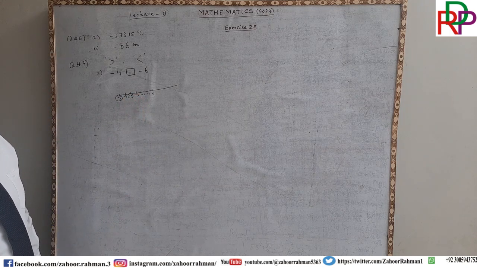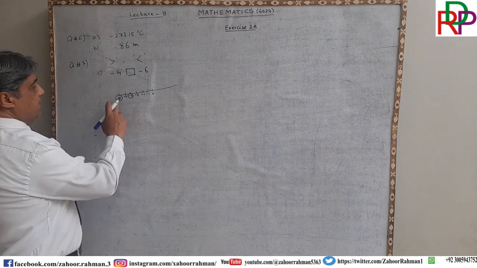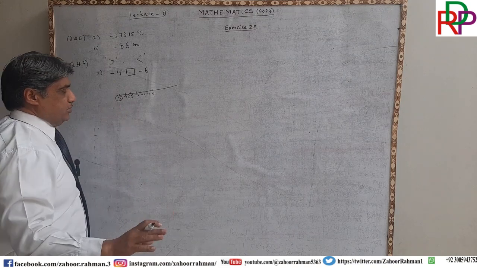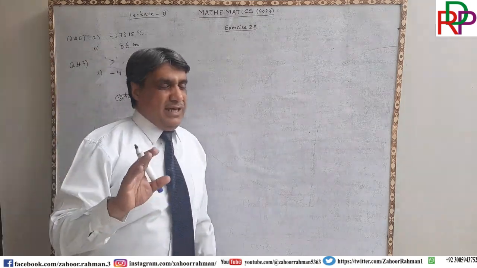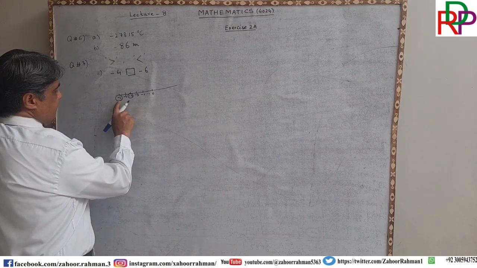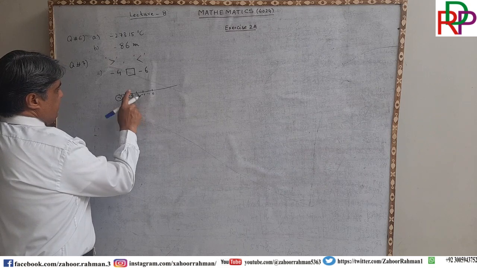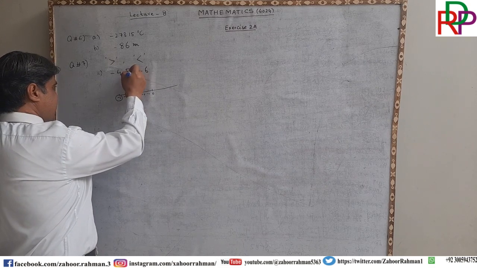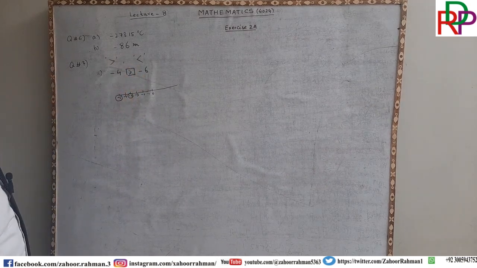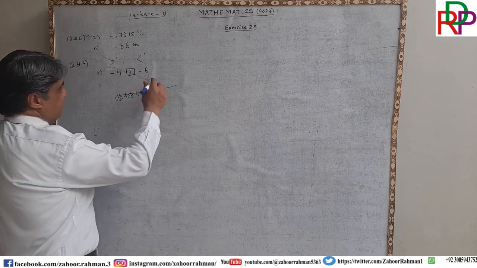Conversely, minus 4 is on the right side of minus 6. And I told you that a number which is on the right side of another number will be considered as greater than. So minus 4 is greater than minus 6.